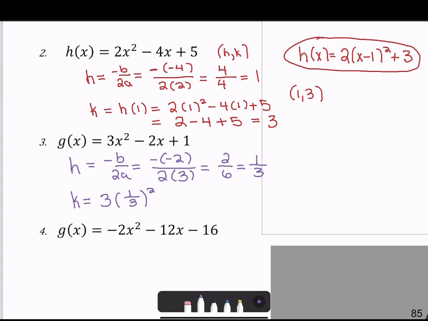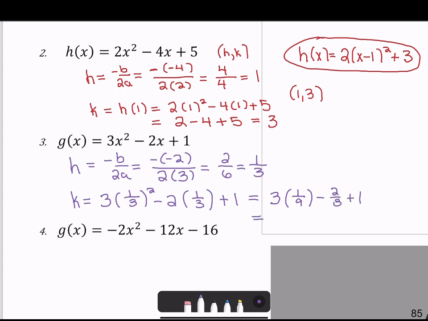So I put in X is equal to 1/3 minus 2 times 1/3 plus 1. What I typically do is put this in my graphing calculator. I don't have it up right now, so I'm just going to try to do this by hand. 2 over 3 plus 1.